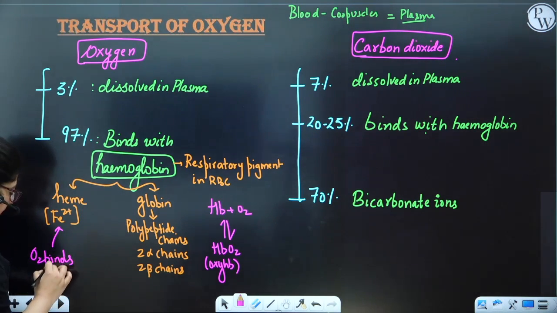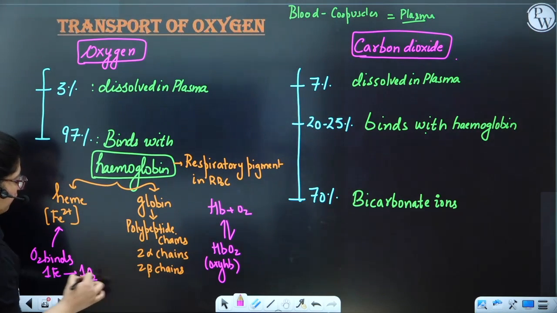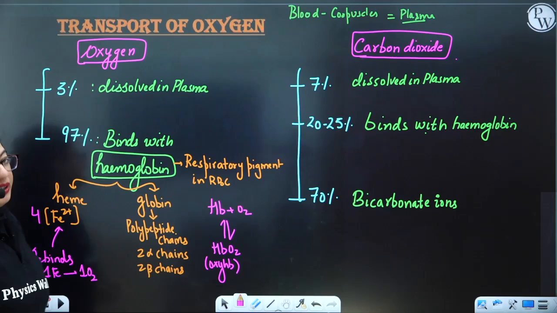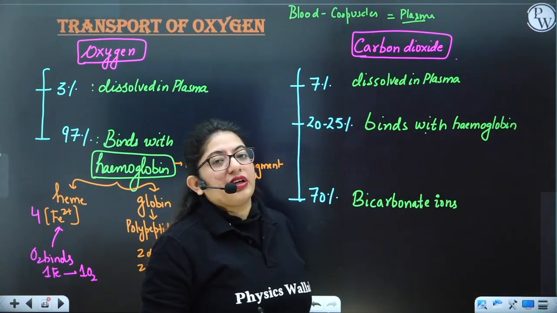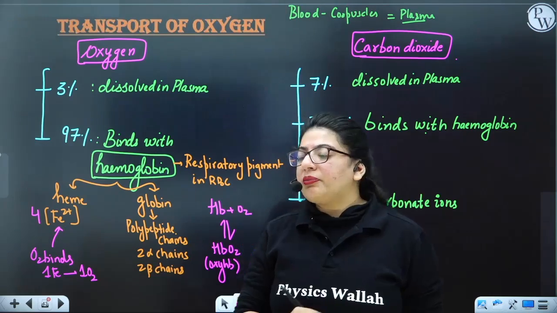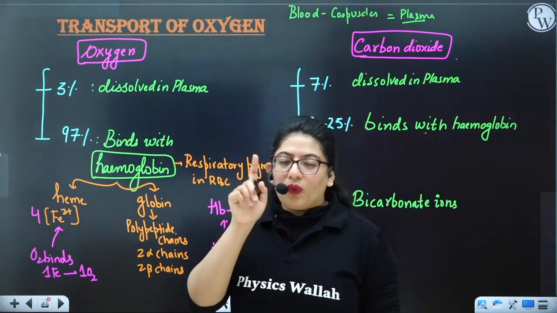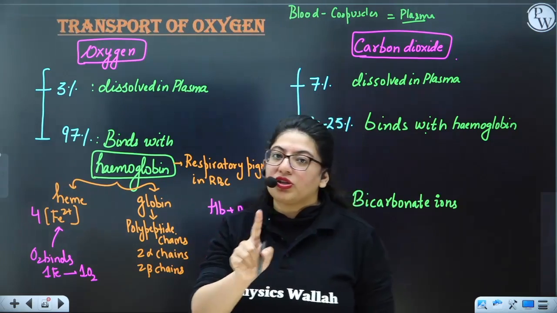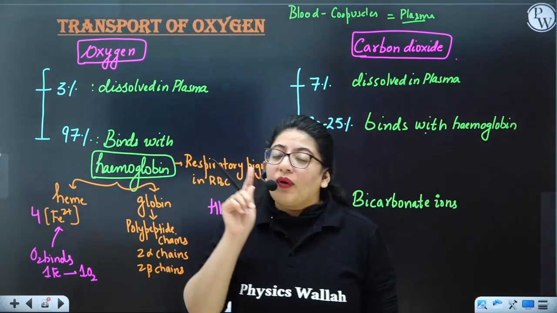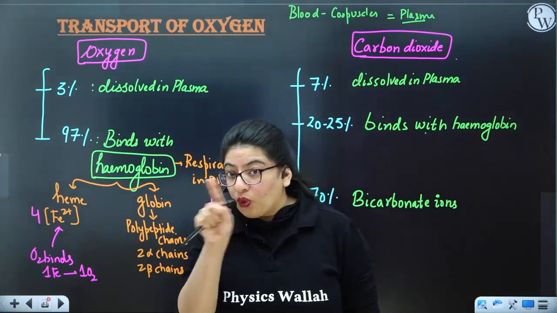One iron binds to one oxygen. If I say there are a total of 4 iron, so how many O2 molecules will be there? Around 4. So 4 iron will bind to 4 oxygen. 1 iron will bind to 1 oxygen. So one hemoglobin can carry how many oxygen? 4 oxygen. 4 O2. Fine.